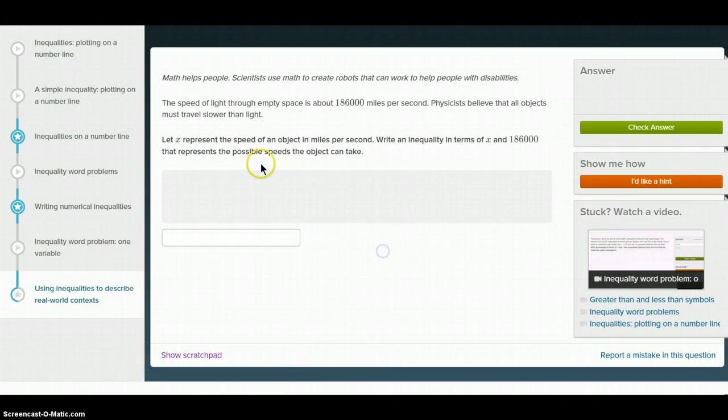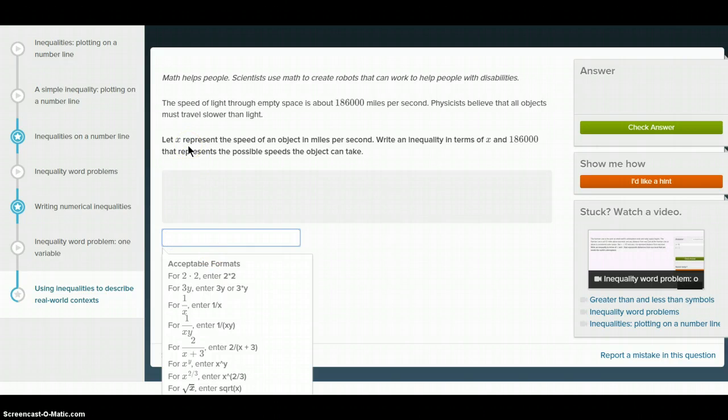So let's try another one. The speed of light goes through empty space at about 186,000 miles per second. Physicists believe that all objects must travel slower than light. Let x represent the number of miles per second. Write an inequality in terms of x and 186,000. So we're going to write x, and then relate it to 186,000 miles per second.